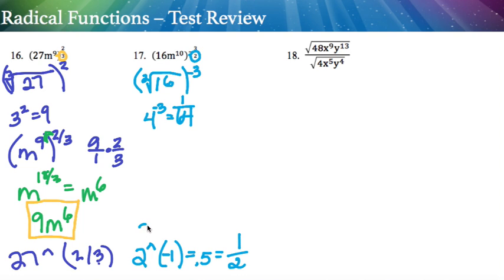I'm using 2 to the -1 as an example just for this particular problem so that you can remember that this exponent of a -1 means that the 2 goes to the bottom of the fraction. And if you do this in the calculator, you'll see it really easily because you know 0.5 is going to be 1/2.